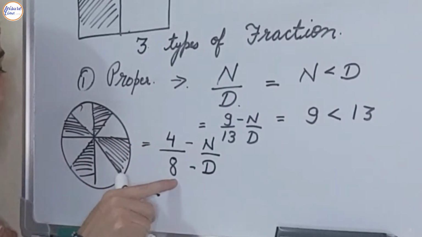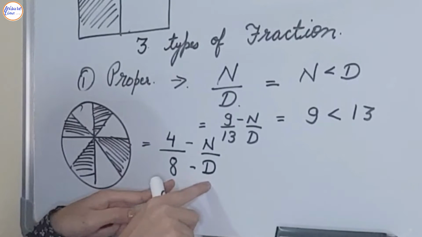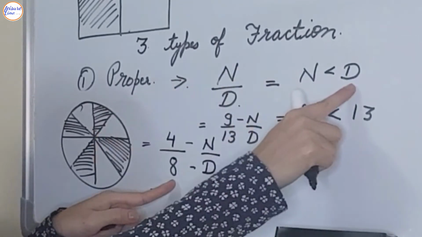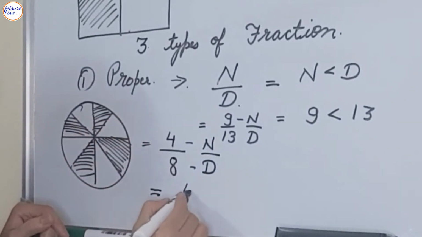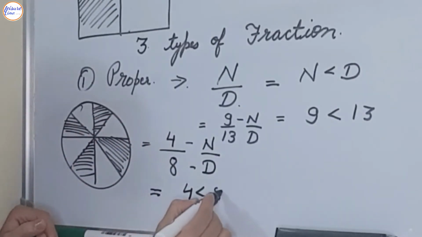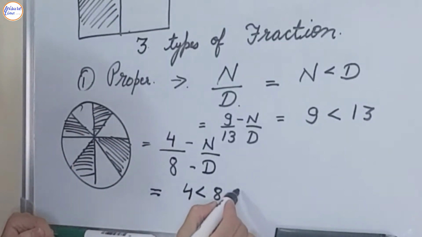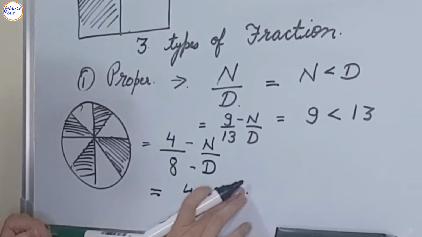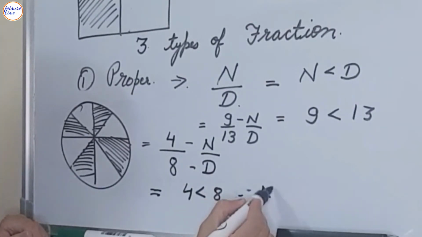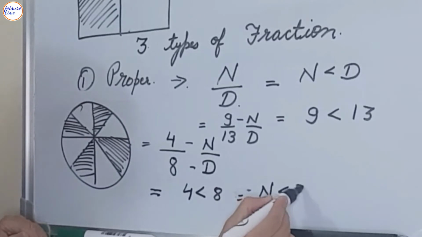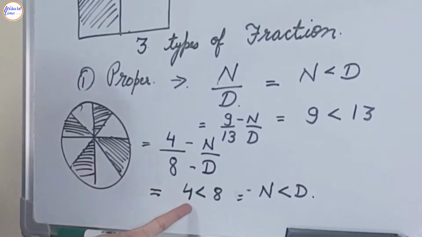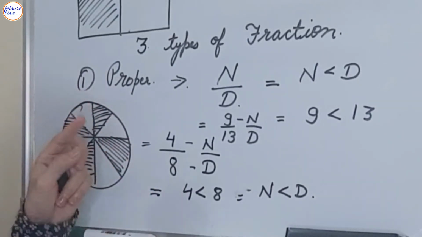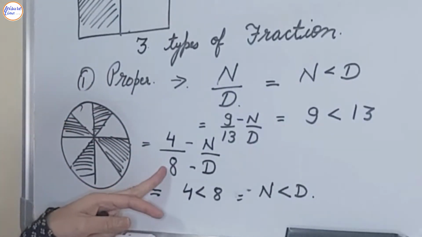So 8 is greater, which is denominator. Denominator is greater than numerator because 4 is less than 8, which means numerator is also less than denominator. So it is clear from this statement or another example that this fraction is proper fraction.